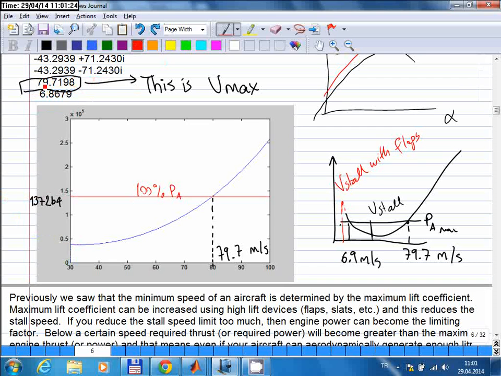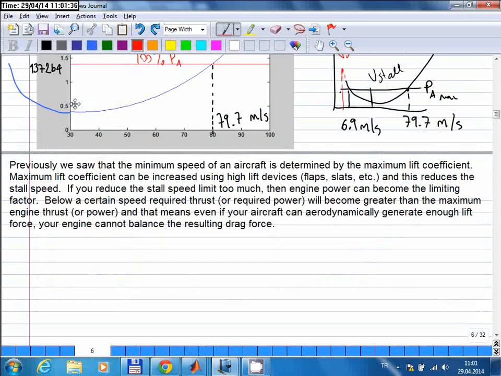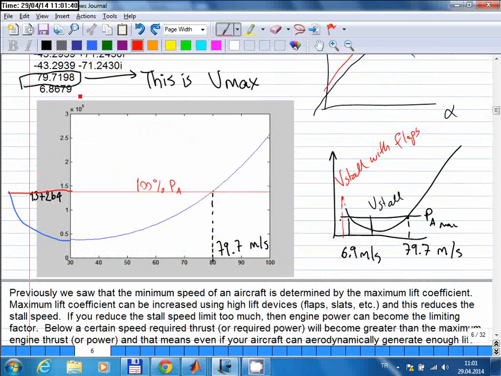So obviously in this case it is not a valid flight speed, right? No real aircraft can fly that slowly. If you have a small UAV, then this may be a valid flight speed, but for a real aircraft, this is not a valid flight speed because the aircraft will stall before that.